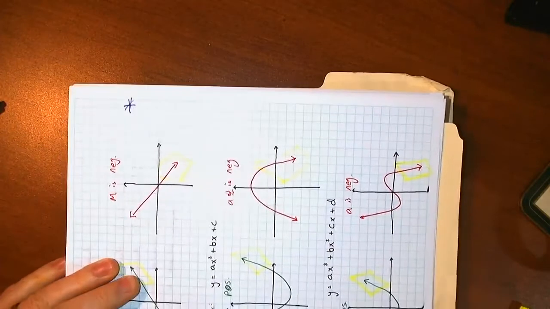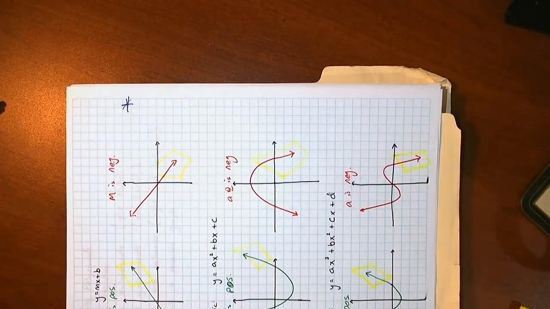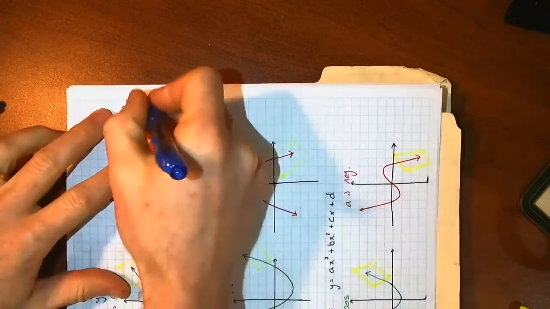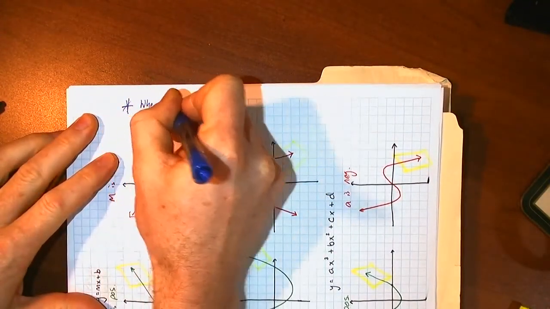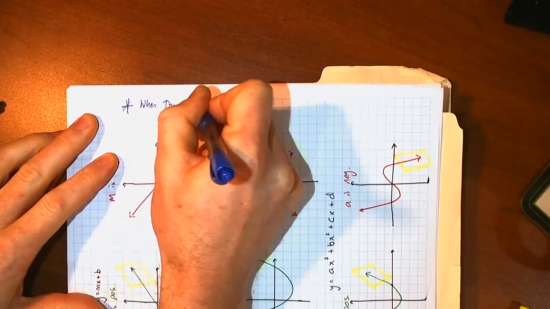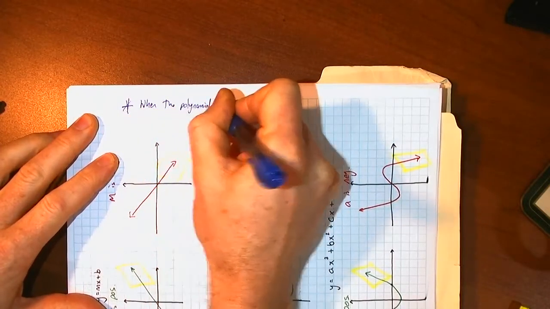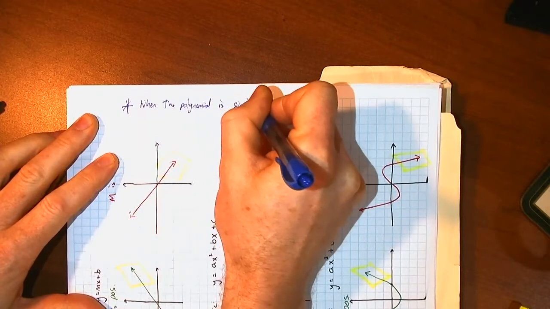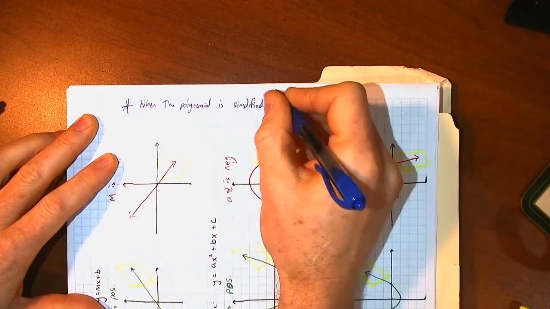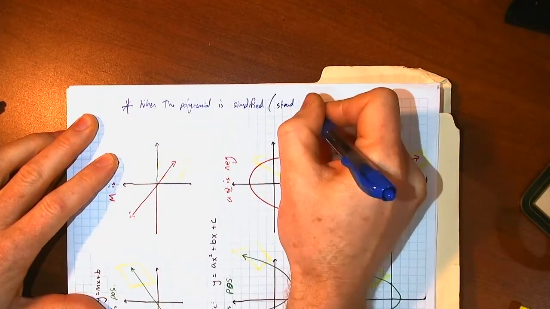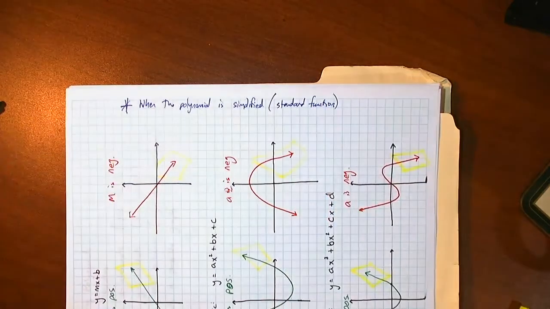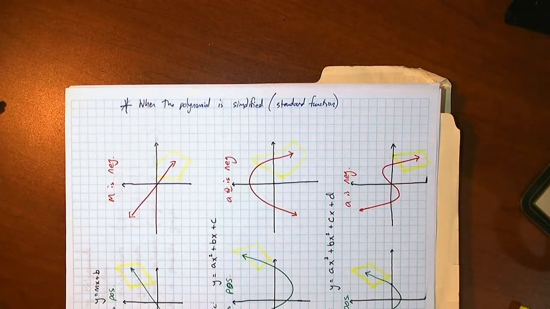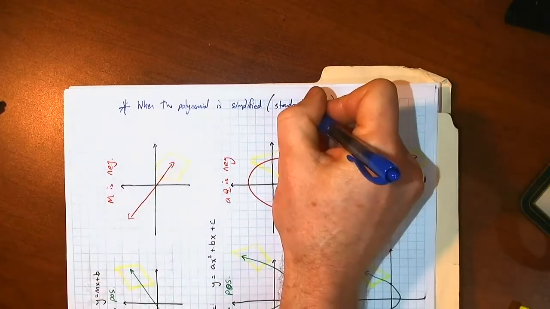All right, and this is, like I said, I tend to focus on the right-hand behavior. That's what this is called, the right-hand behavior. So when the polynomial is simplified, right, standard function form. Remember, standard form, all the parentheses are removed, all the like terms are combined, our exponents go in order from biggest to smallest, okay, all that kind of stuff.